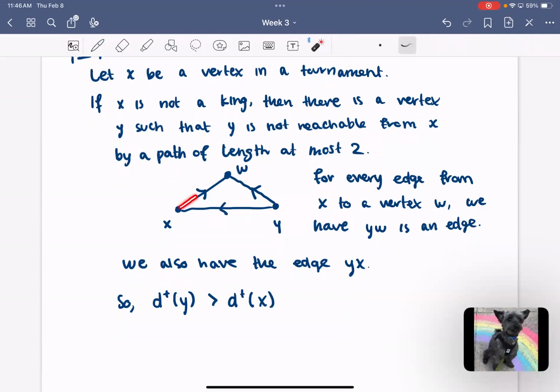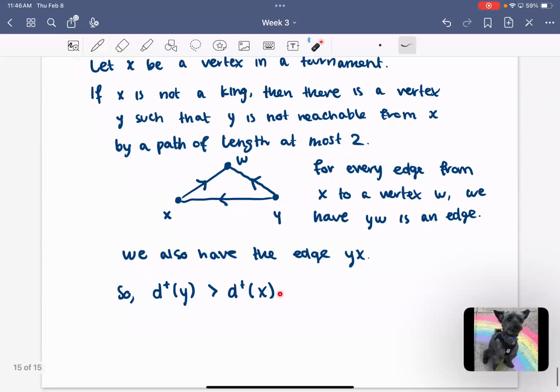For every edge contributing to the out degree of X, we have a corresponding edge contributing to the out degree of Y, and furthermore, Y has one additional out degree going to X. Does that make sense?